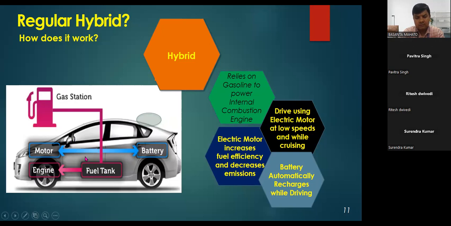So in this system there are two things. This fuel runs this engine, and the power is transmitted to the wheel, and some part of this power will be restored in this battery. So this is the regular hybrid system.